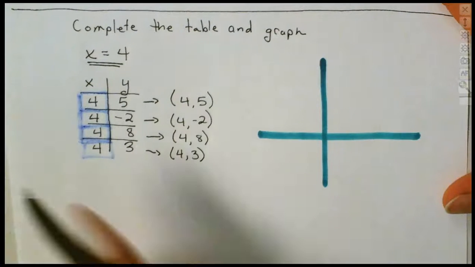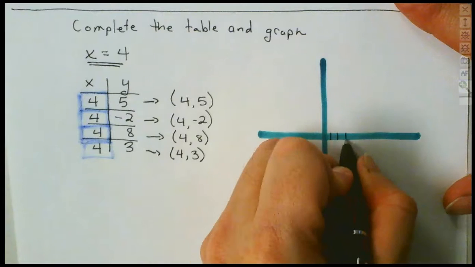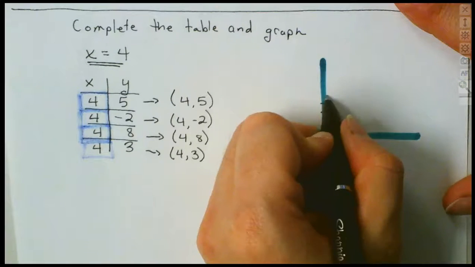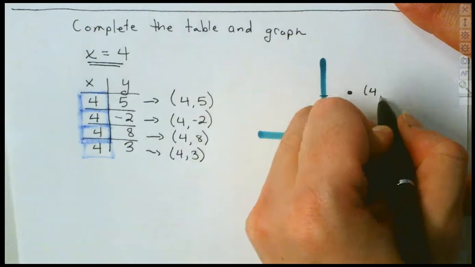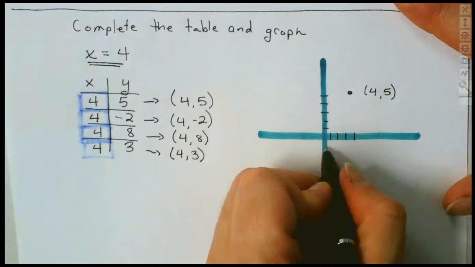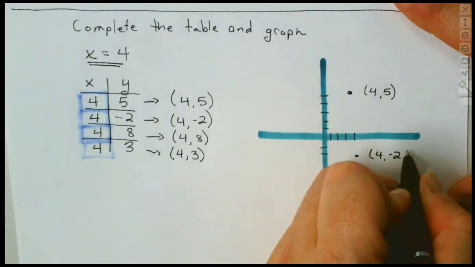So we've got 4, 5. So that is over 4 units and up 5. 2, 3, 4, 5. So it's right there at 4, 5. The next one's at 4, negative 2. So that's right there.